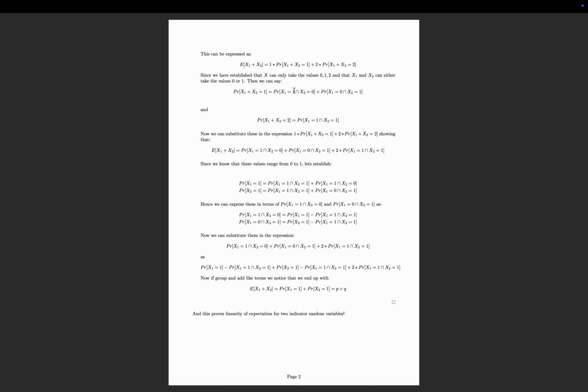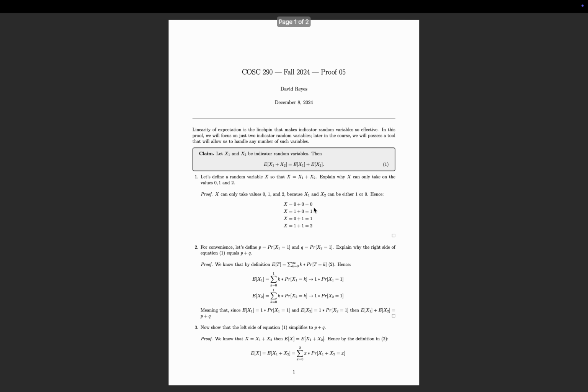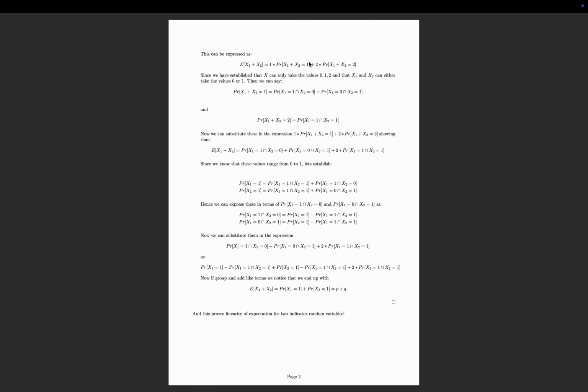And this makes sense, right? Since we have established it right here, we just sum the probabilities to get this probability over here. You can interpret this as: the probability that x1 plus x2 is equal to 1 is equal to the probability that x1 is 1 and x2 is 0, or the probability that x1 is 0 and x2 is 1.